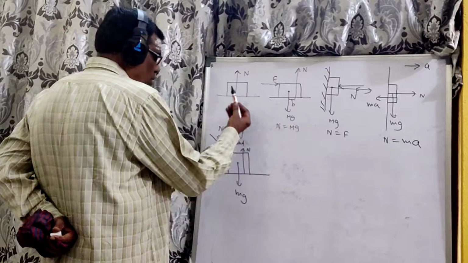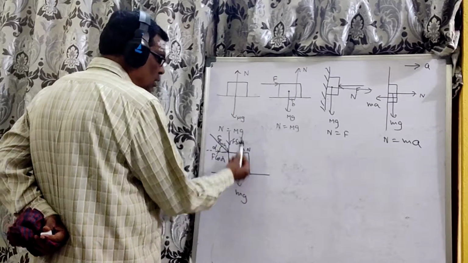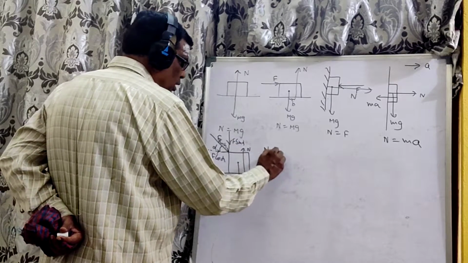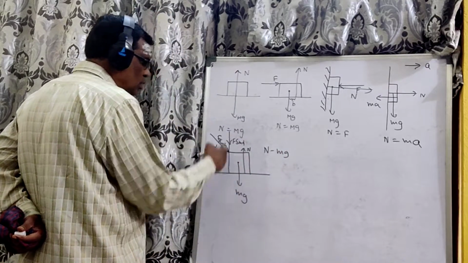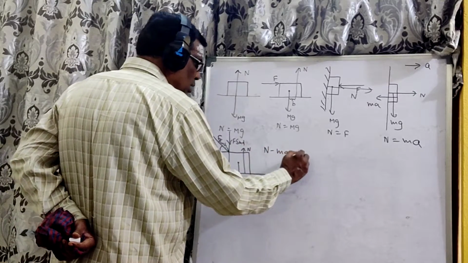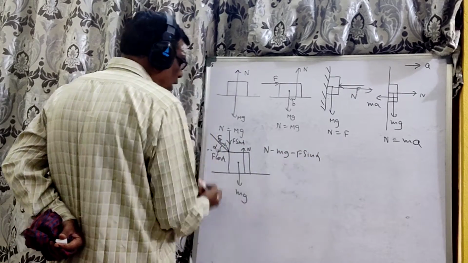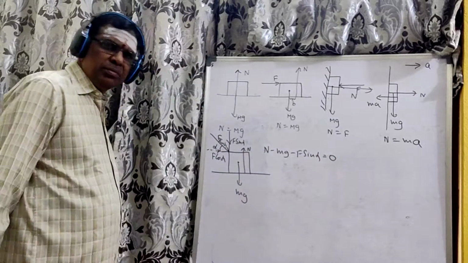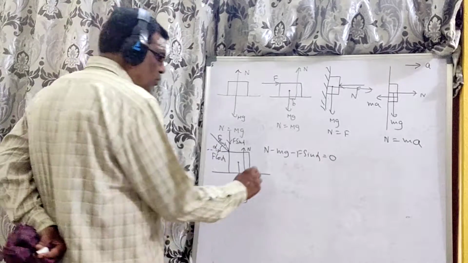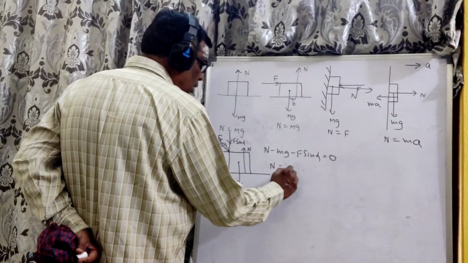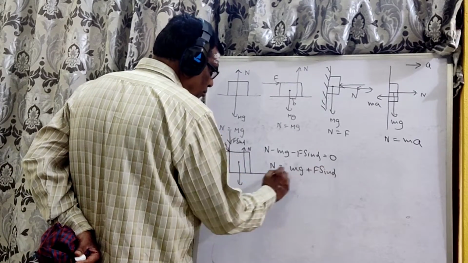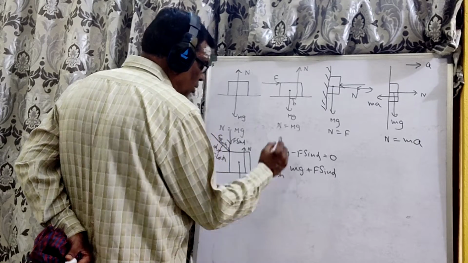What are the upward forces here? N. Okay? Downward forces, minus mg because downward, and minus F sin alpha. Does the body accelerate up or down? No. Therefore, net force is 0, or N is equal to mg plus F sin alpha. This is what we call as push.